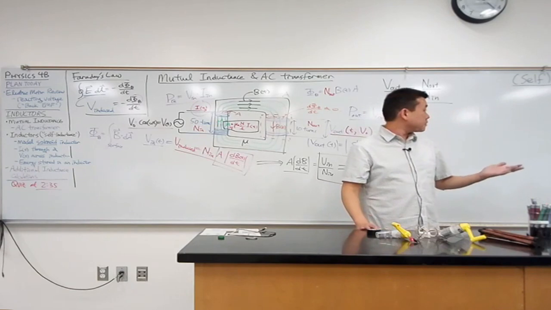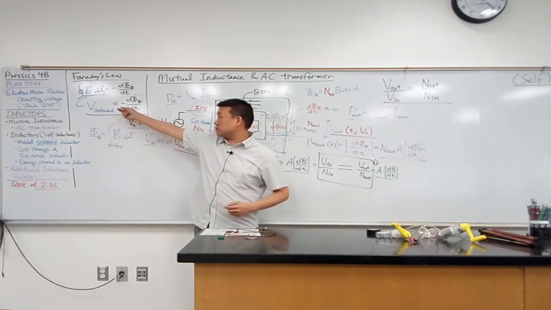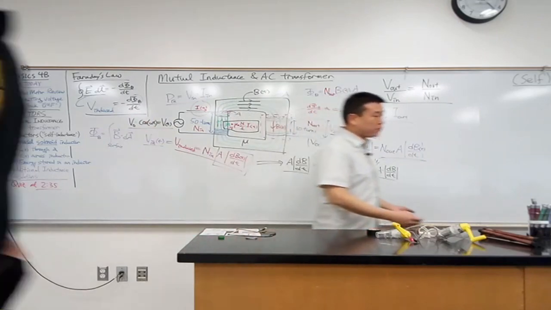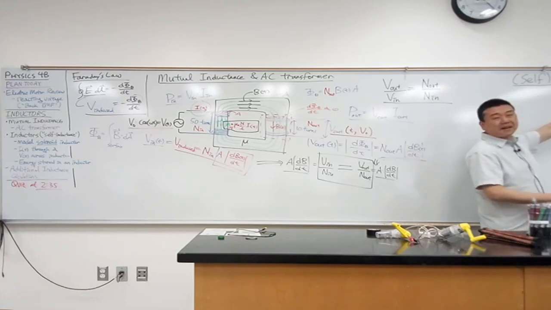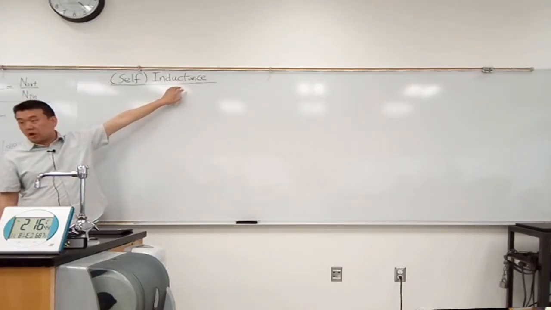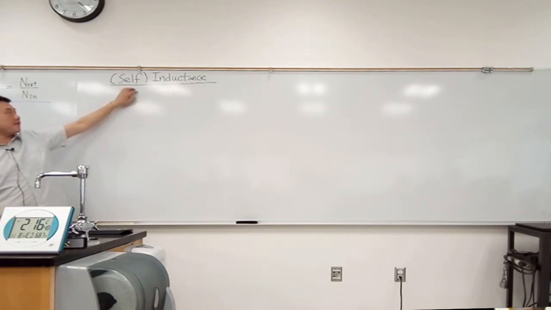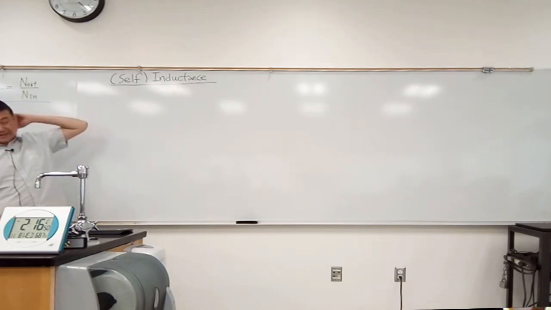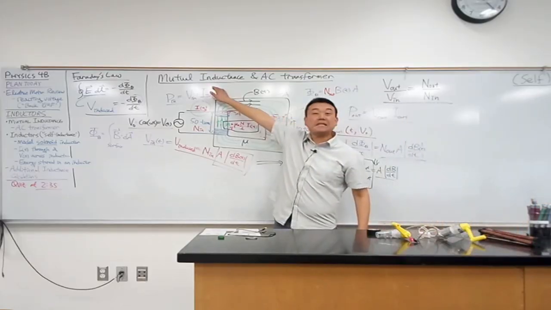So we've been talking about two of the applications of Faraday's law, and what I want to end with, or at least start talking about today, is what I usually referred to as inductance, but your textbook will call self-inductance. It's actually in reference to the whole mutual inductance that I kind of skipped over.